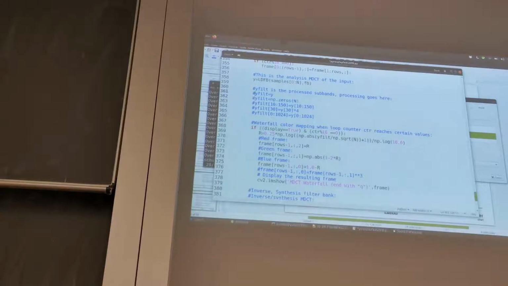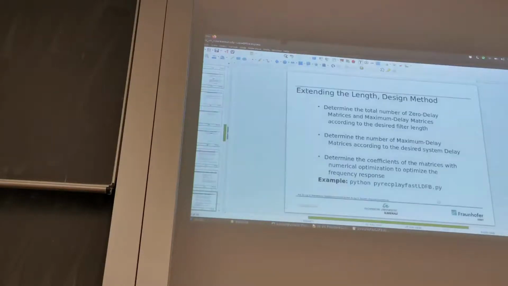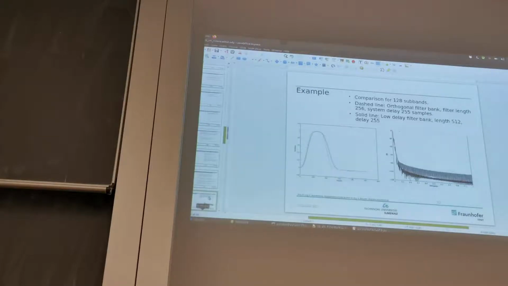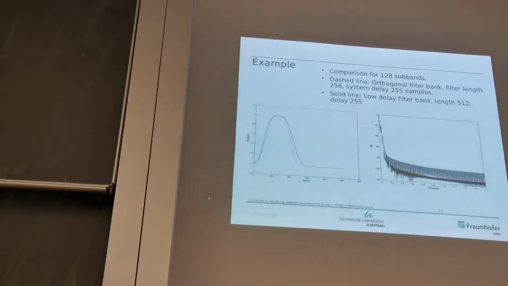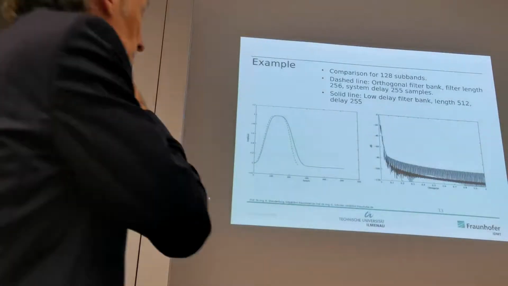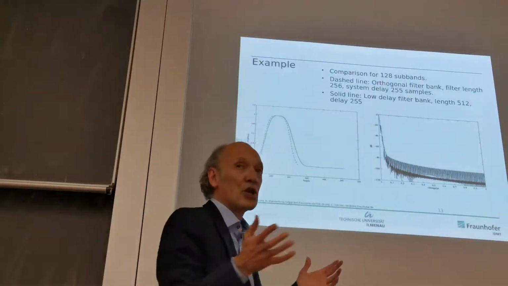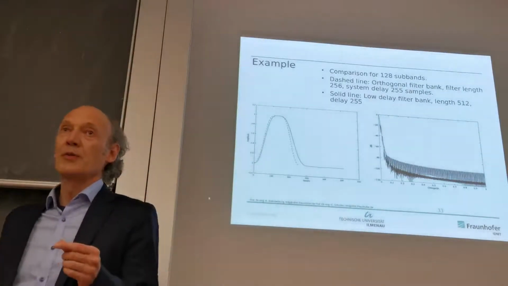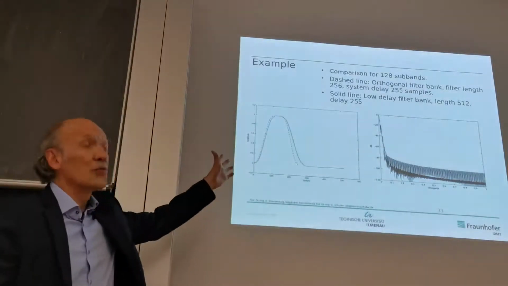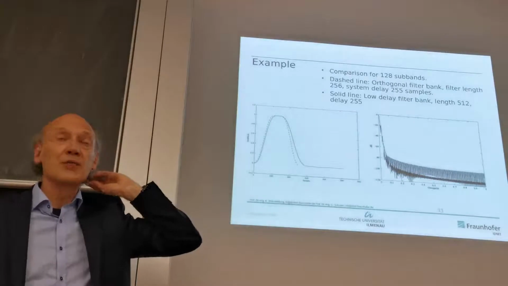Go back to the original setting here. Yeah, so here you could see the implementation and that it works. And here you can see a few examples of low delay filter banks.